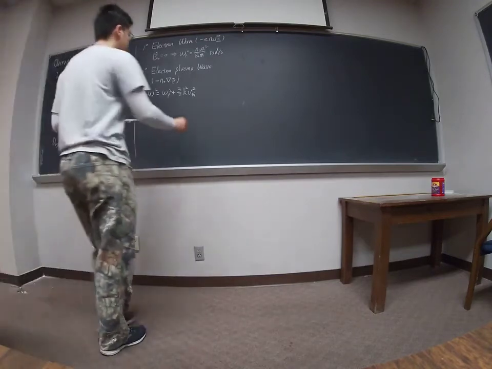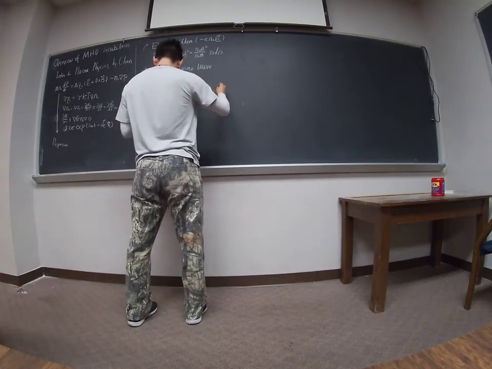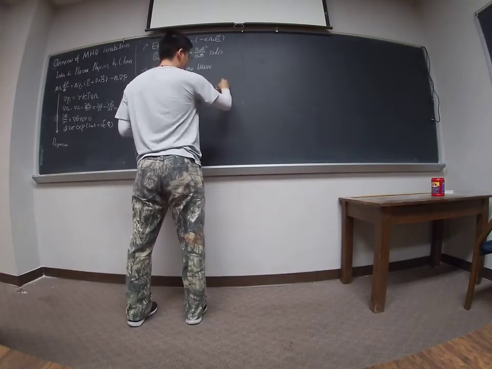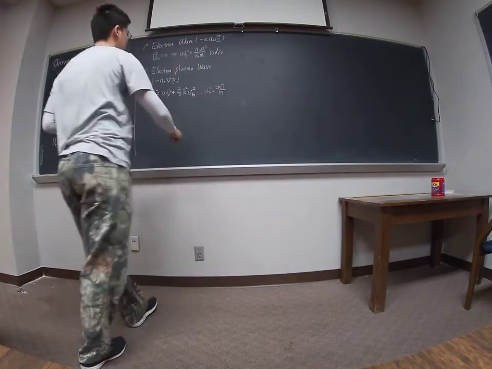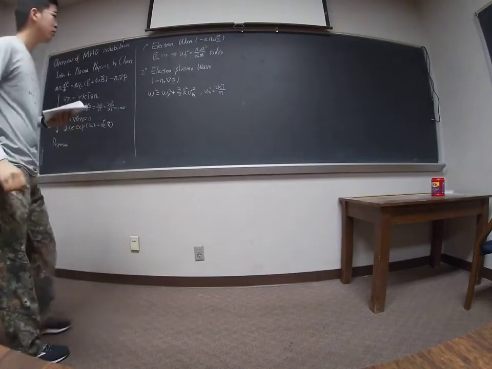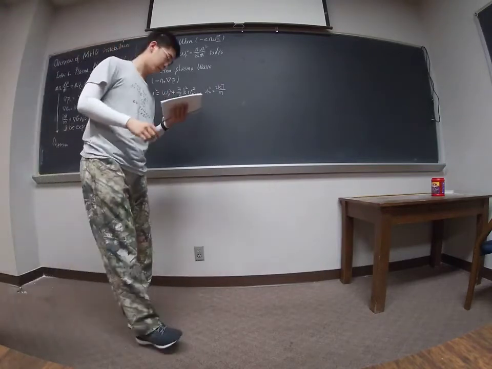The thermal velocity is defined as 2kT over m, or kBT over m. That's a big K, that's small k. Small k is the wave number, big K is the Boltzmann constant.